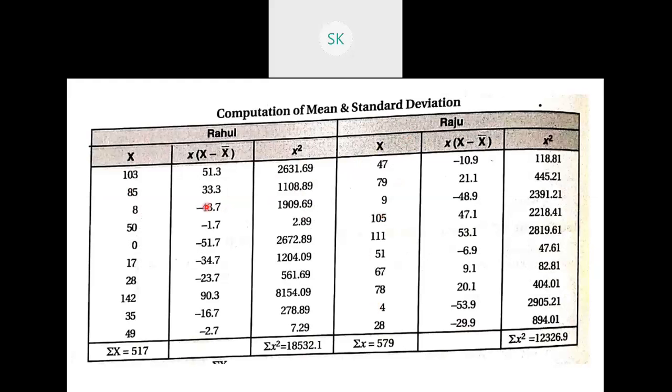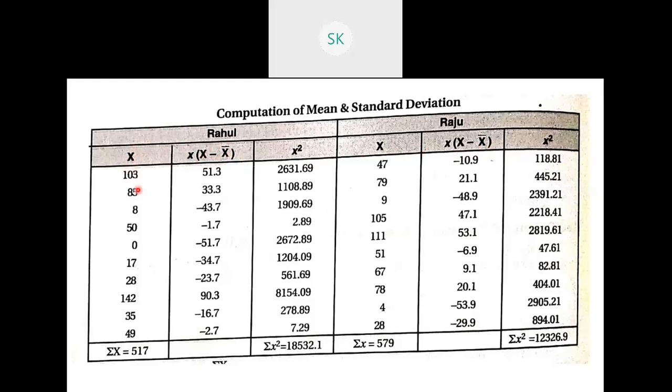Next, for both Rahul and Raju, we are going to calculate deviations. Deviations is nothing but X minus X bar. So we have to calculate X bar, which is nothing but the arithmetic mean. Now for an individual series, how do we find arithmetic mean?